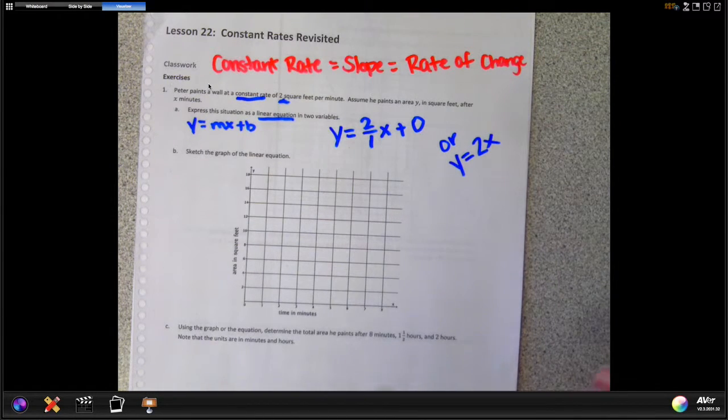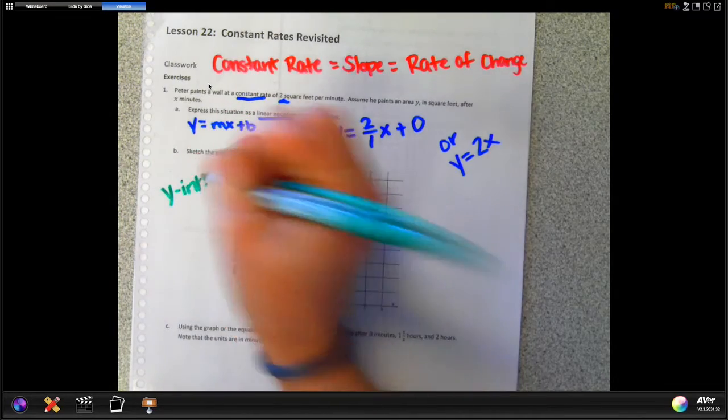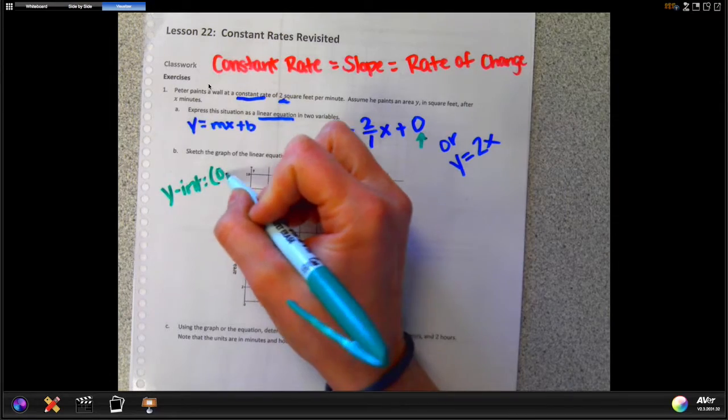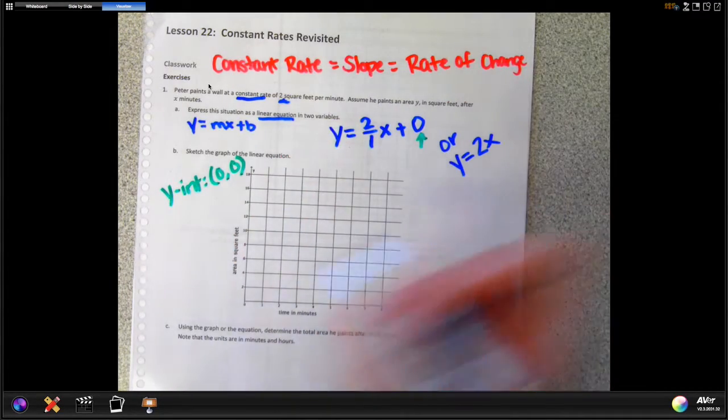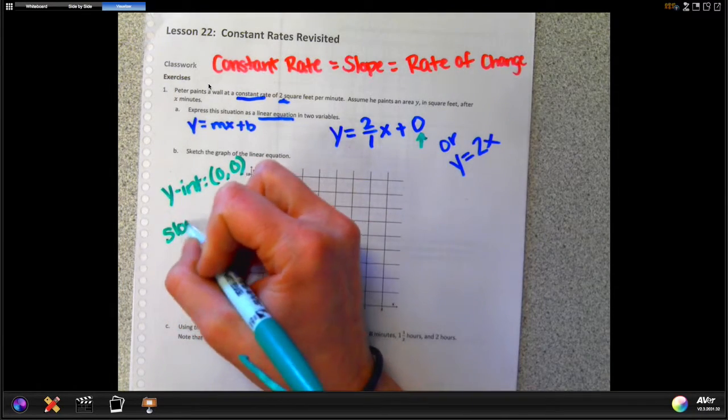Okay, now we want to sketch a graph of the linear equation. And again, this is a review. So now that we know this, we can start with our y-intercept, or our starting amount, which we've decided was 0. Okay, so 0, 0. And then we're going to use our constant rate, or our slope, to get the next point.